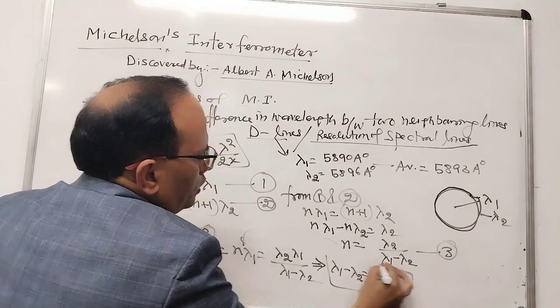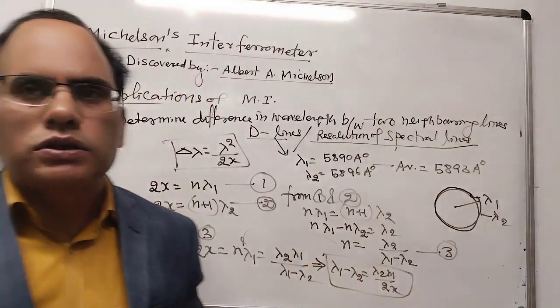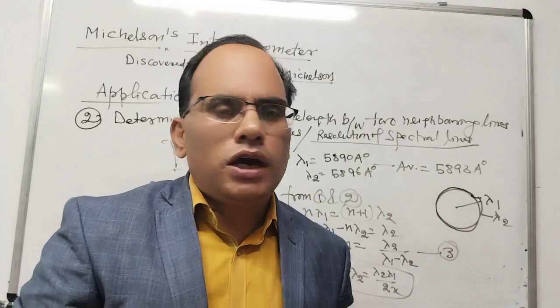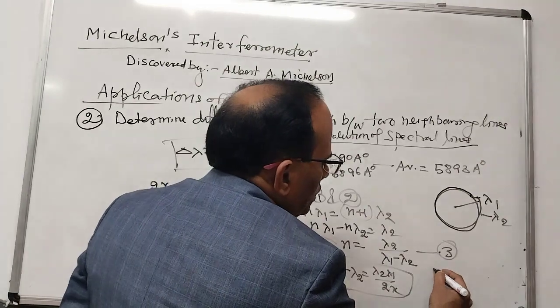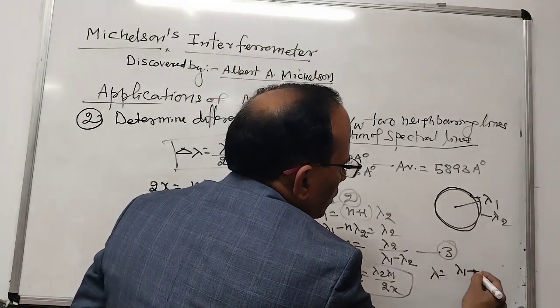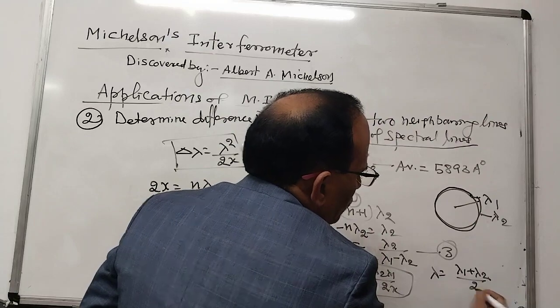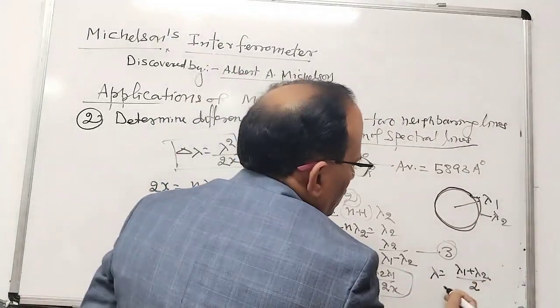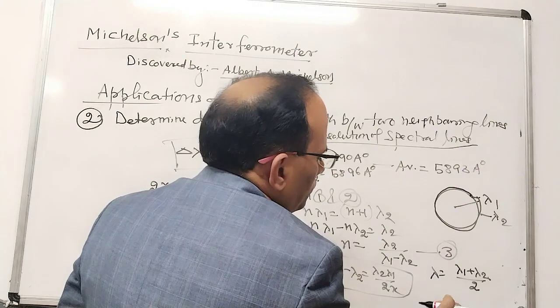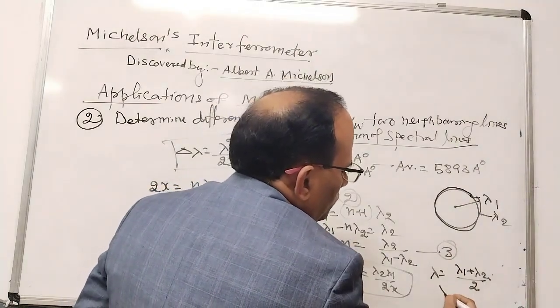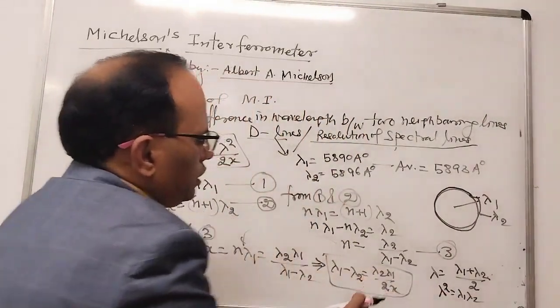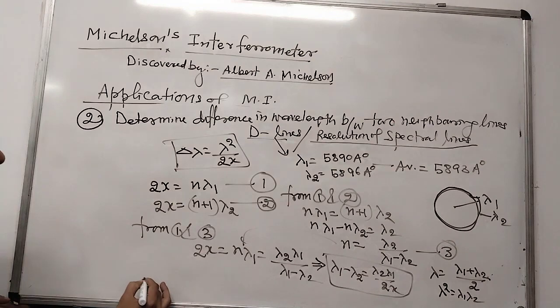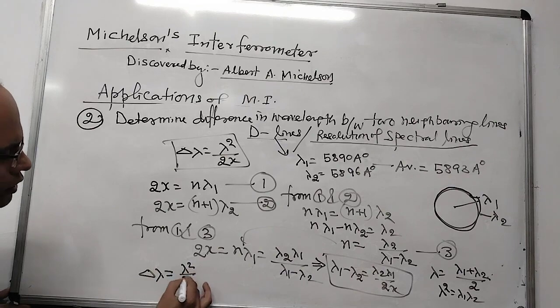Now remember, if two numbers are very, very close, we can take the arithmetic mean. So λ is the mean wavelength of these two. We can also take the geometric mean, λ² = λ1λ2. The numbers are very, very close, so we can write λ² here. So my formula becomes Δλ = λ² upon 2x.